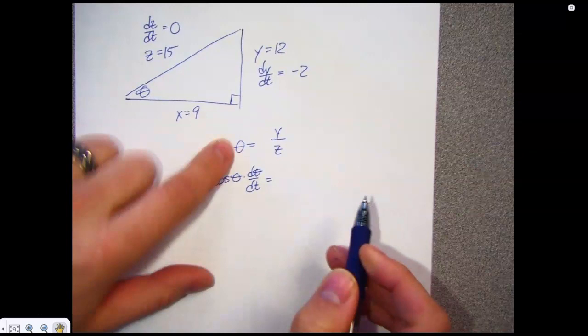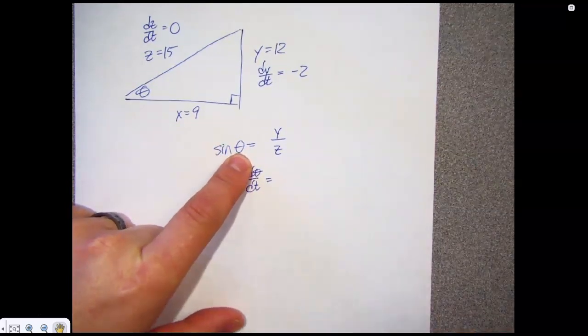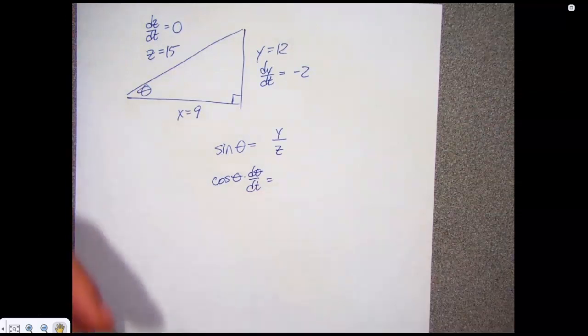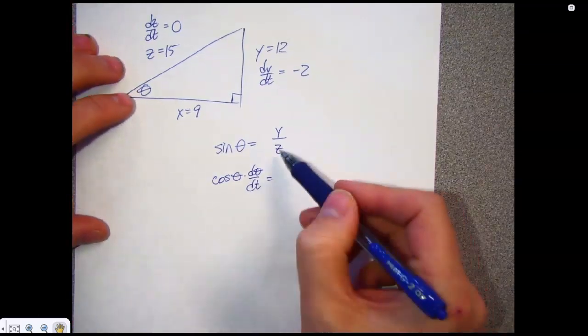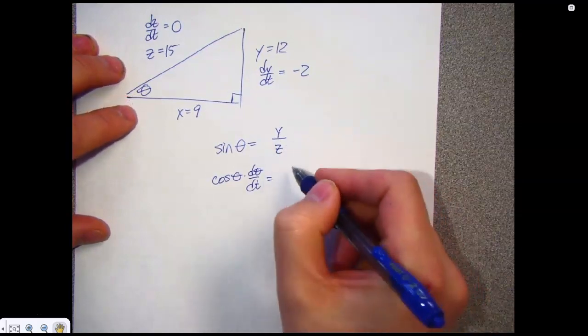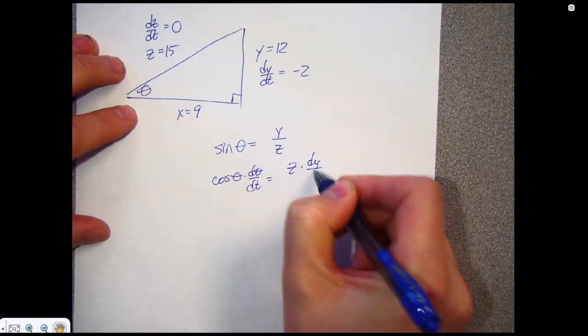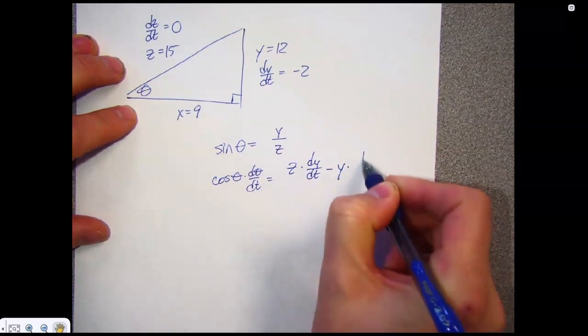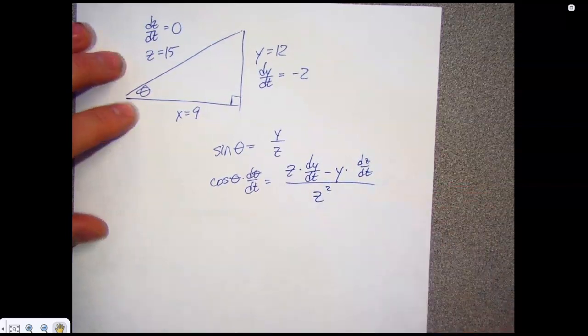So you took the derivative of theta, so you multiply by d theta over dt, just like if you took the derivative of y, you multiply by dy over dt. That's why I went wrong. And then the quotient rule part of the right hand side was correct: the bottom times the derivative of the top minus the top times the derivative of the bottom, over the bottom squared.